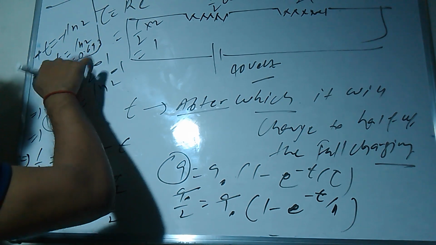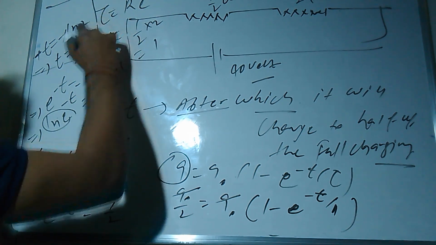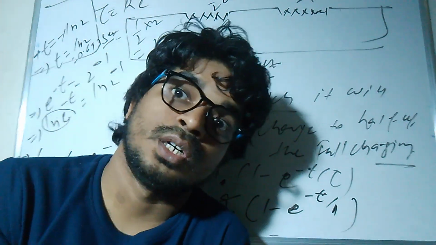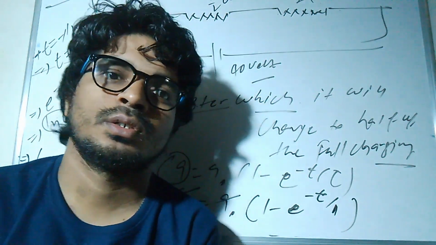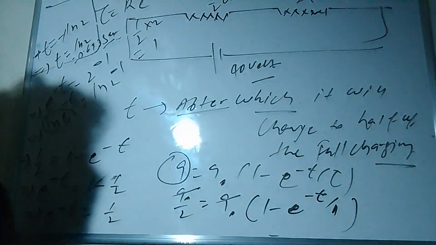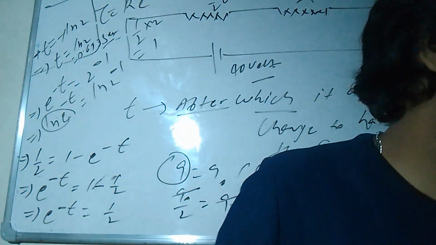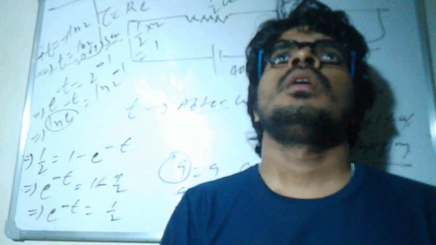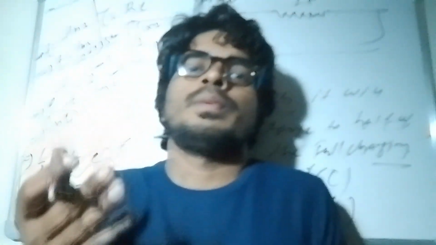So t is 0.693 second, which means after 0.693 second half of the capacitor will be charged, that is, it will be charged to half of the maximum value.